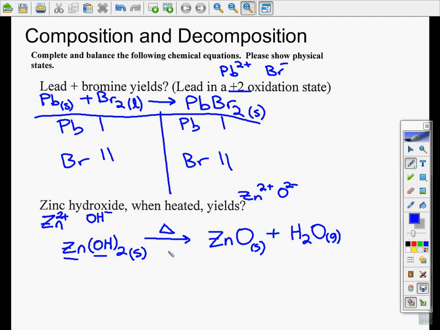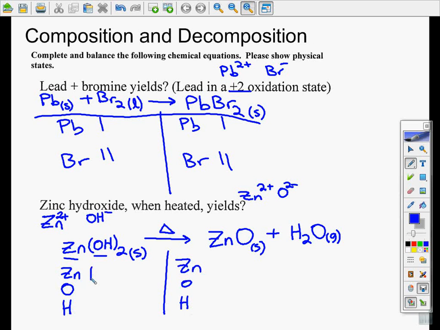So now what I need to do is write down what I have, and a lot of times it helps to write water as HOH, but in this case I only have my hydroxides as my source of oxygens and hydrogens. So I'm going to write zinc, oxygen, hydrogen on that side. I'm going to write zinc, oxygen, and hydrogen on this side, and now I'm going to balance the equation.